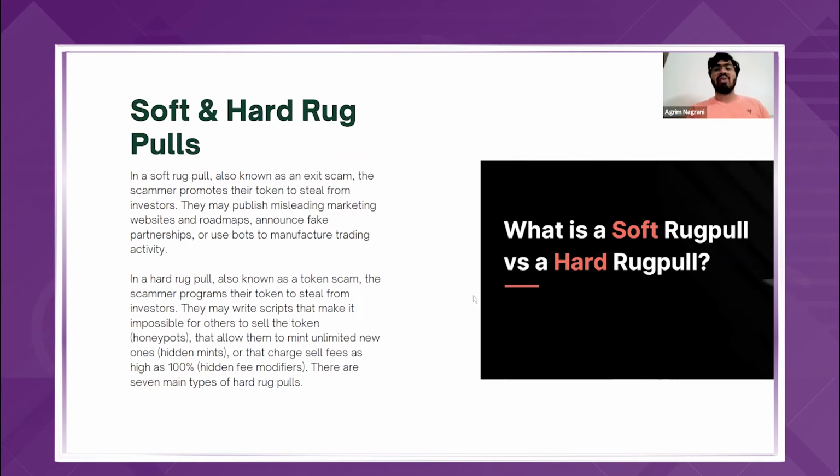And when you try to sell that token, you are not able to withdraw those crypto assets. They also have programmed software through which they can generate more and more crypto assets without letting you know about the complete circulation of the token. So you should be aware of these kinds of soft and hard rug pulls happening in the space.